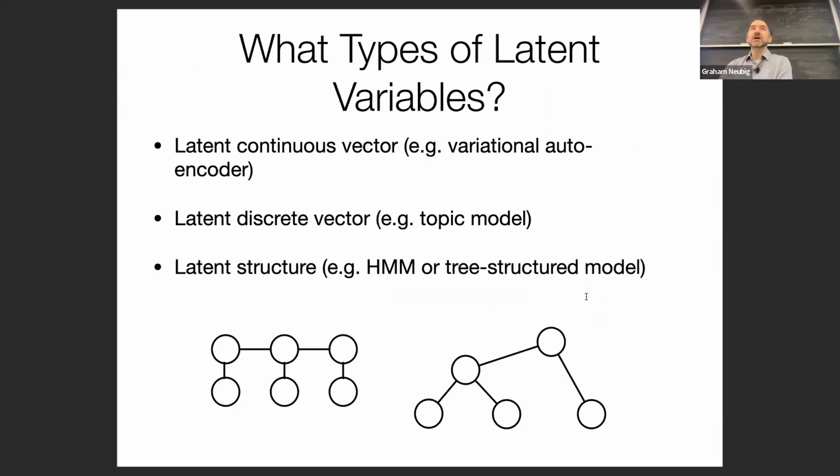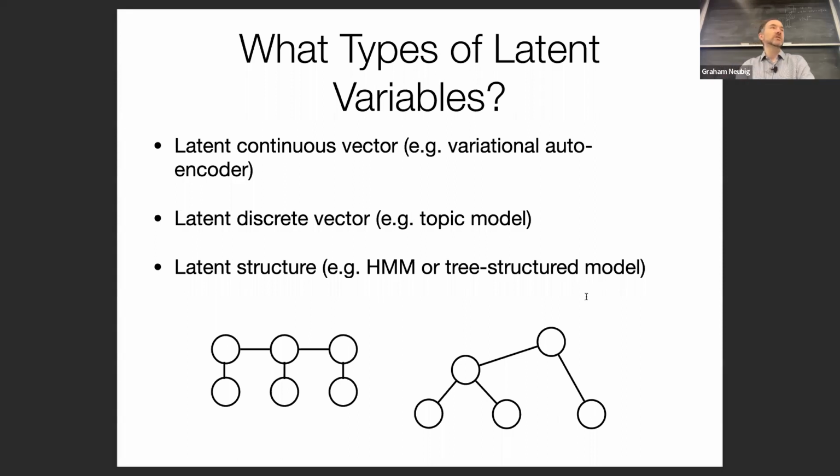There are a lot of different types of latent variables that we could be using. One example is latent continuous vectors, and an example of this is something called variational autoencoders, which I'll be talking about in a moment. They can also be latent discrete vectors. The most common example of this is something like a topic model, which we haven't covered in this class, but I can cover briefly, and you might have heard of it in other places.